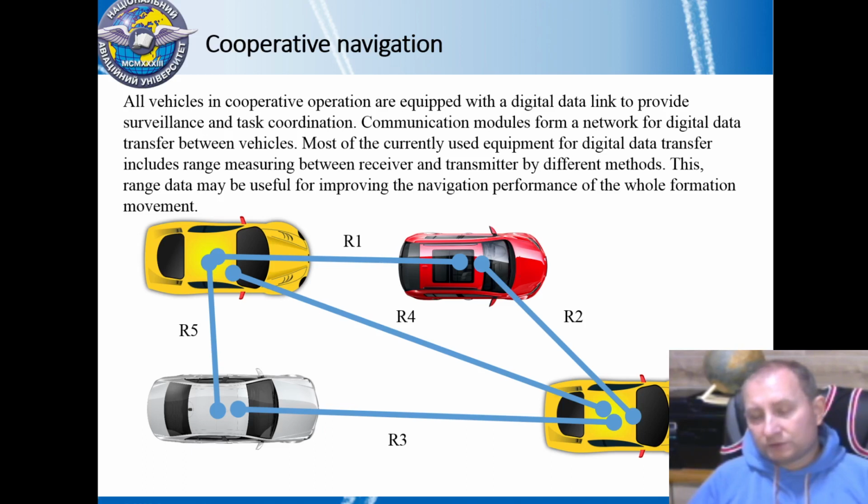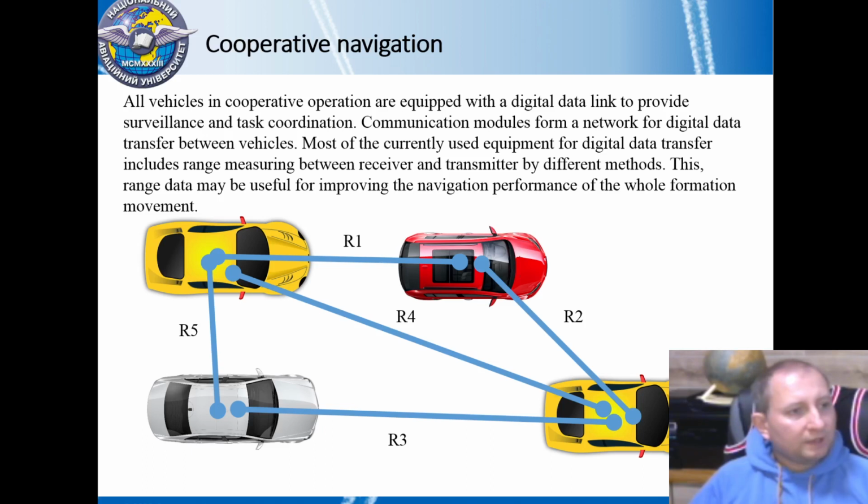And based on this wireless communication technology, we can measure the power of all other transmitters in our formation of vehicles. And it makes it possible to calculate distances to these transmitters or distances to these vehicles. That's why quite easily we can get distances from one car to all other cars on the road.